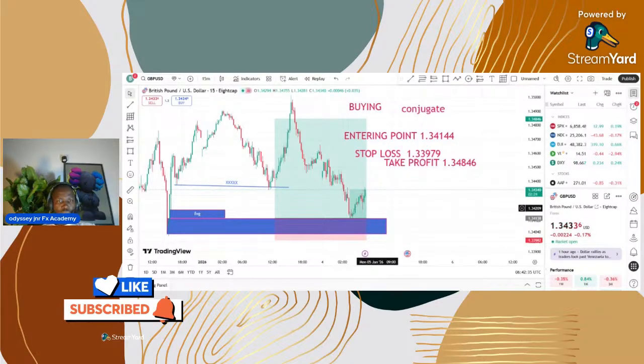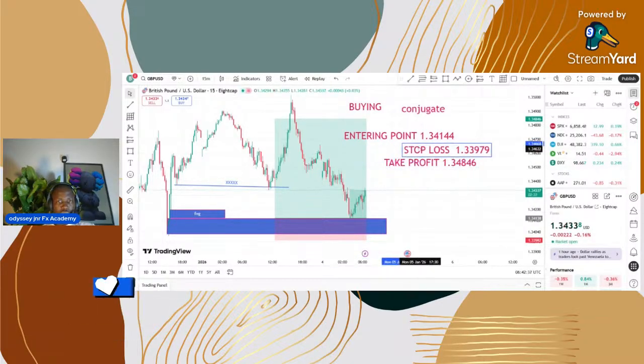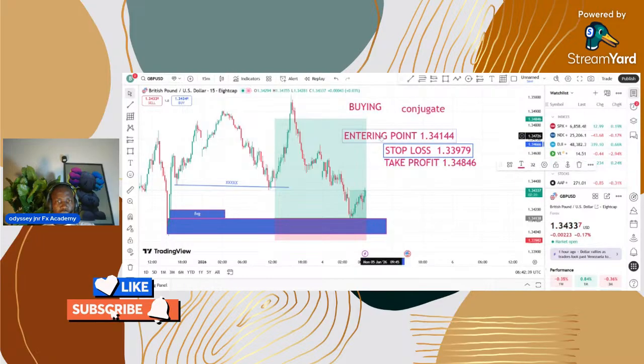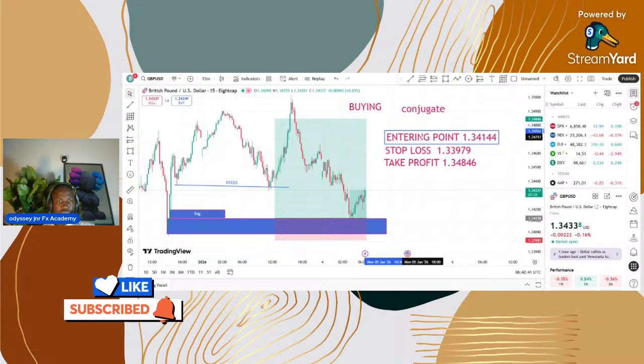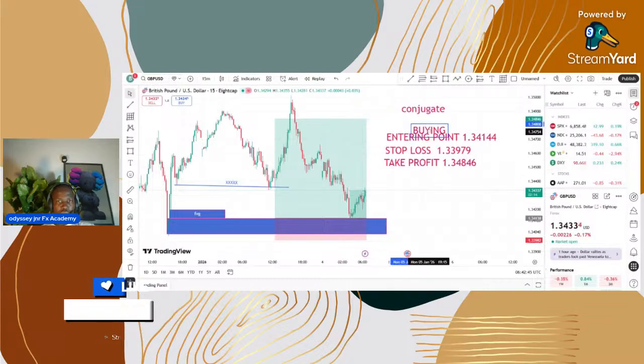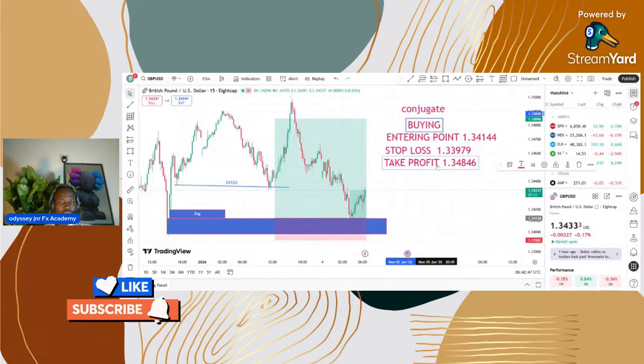I know most of you are on this trade now. This was the trade we gave, was it last week or thereabouts? We gave this trade last week.